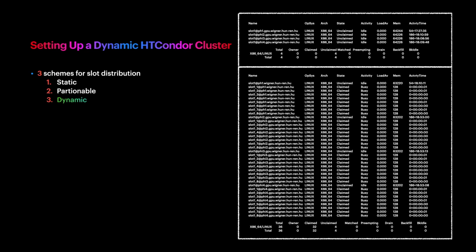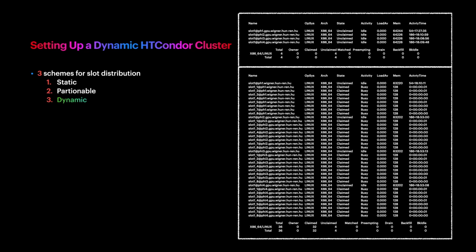There are several slot types available in the latest Condor. There is the so-called static one, which is the old way where you have uniform slots. It's good for counting jobs when you are sure that each job will take the same amount of resources. There is the partitionable one, a step forward from the static one.